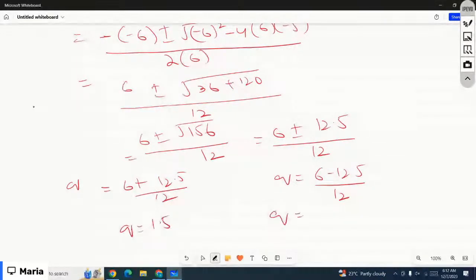And here you have 6 minus 12.5, negative 6.5 divided by 6, that equals negative 1.0. So you have two values for the Q. They are 1.5 and negative 1.0.